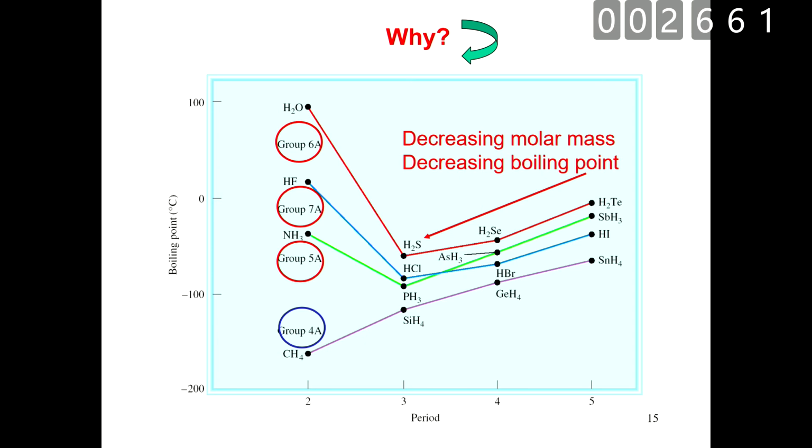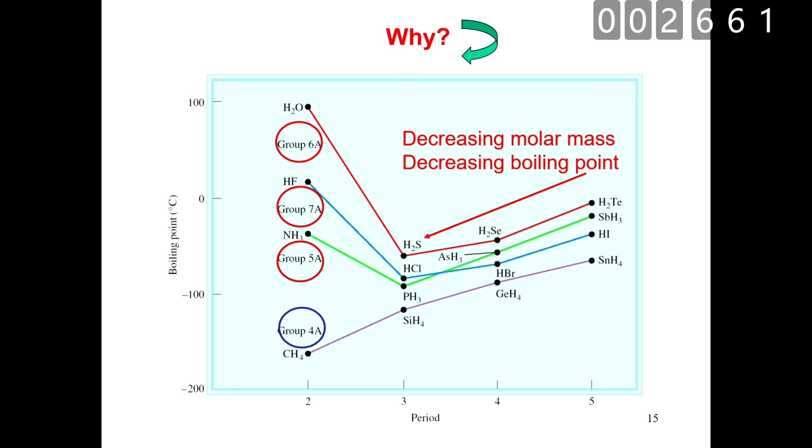If we don't look at these three, we can see the carbon group. In one group, from top to bottom the boiling point increases, right? Like from carbon, in one group, from this one to the next, it increases. Why?